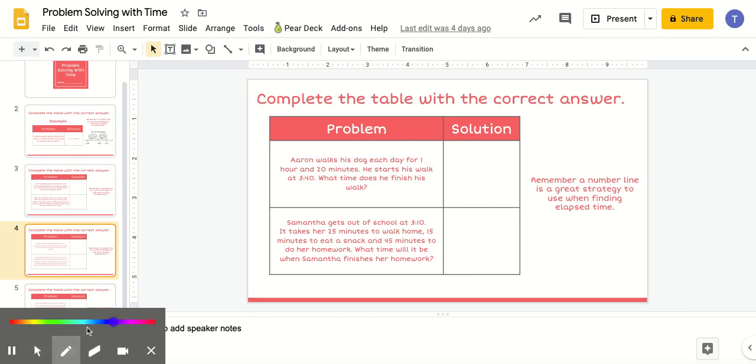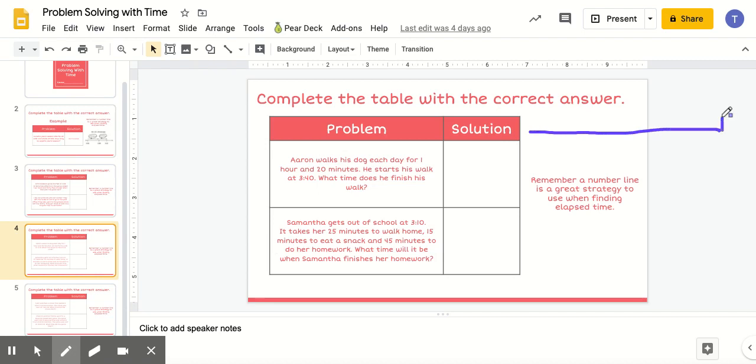So again, you're given a start time of 3:40, and you're told that he walks his dog for 1 hour and 20 minutes. So if I go from 3:40 and I add an hour, that's going to give me 4:40. So that's 1 hour.